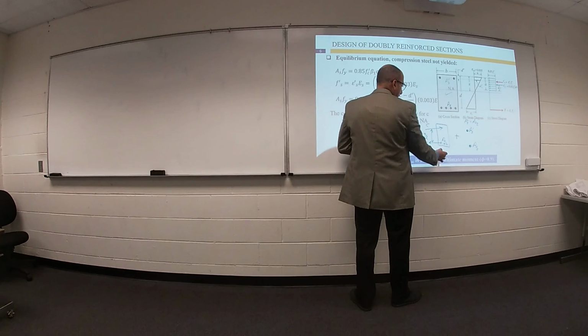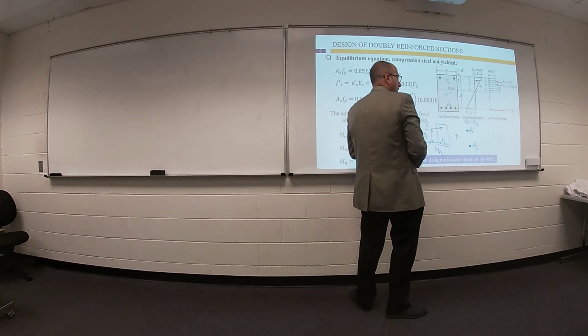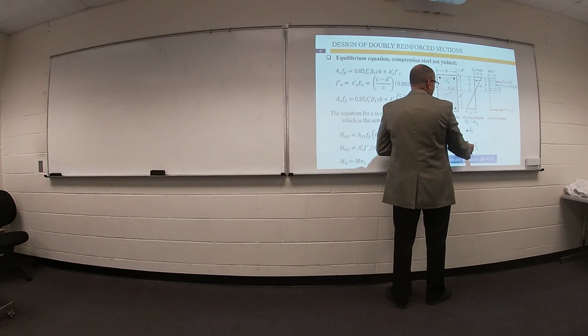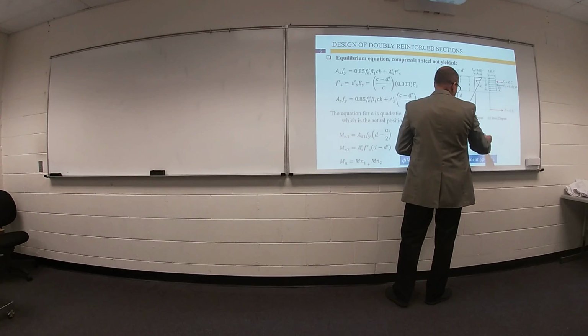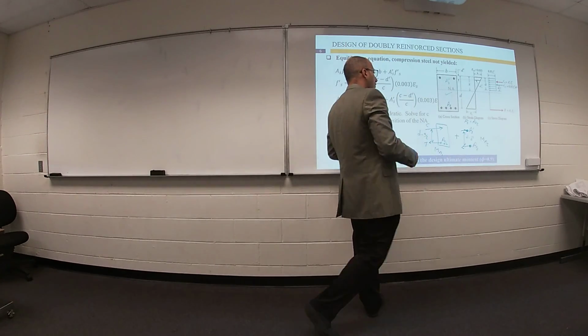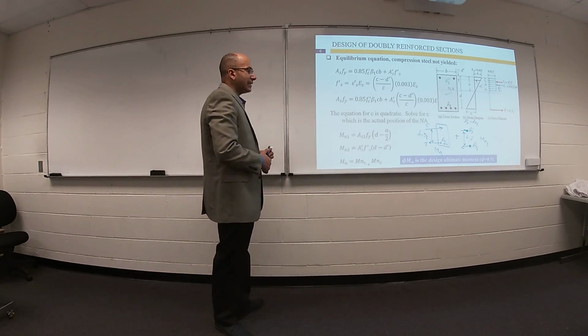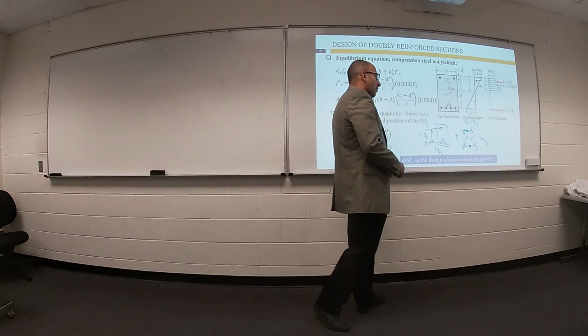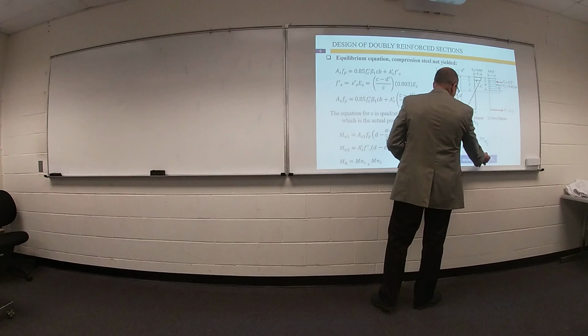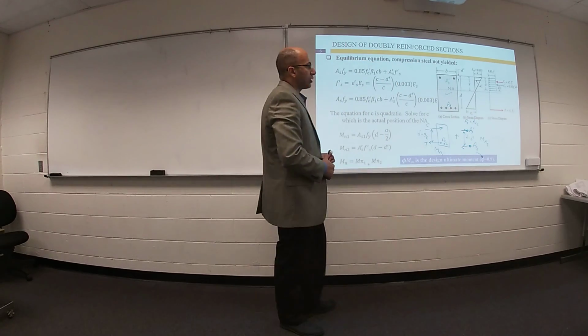This part gives you Mn1. We have a tensile force here, compressive force here, the distance in between is d minus d bar. This part gives you Mn2. So your final nominal moment of resistance is Mn1 plus Mn2, then you can add your factor of safety phi equal 0.9 to get your design moment.